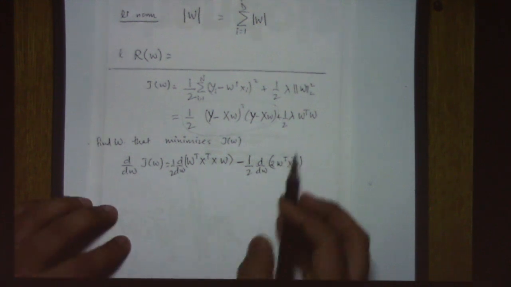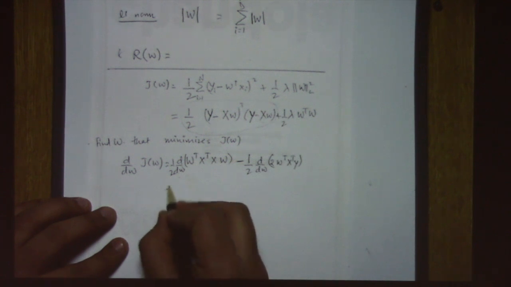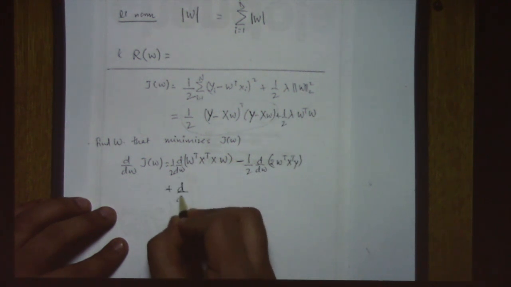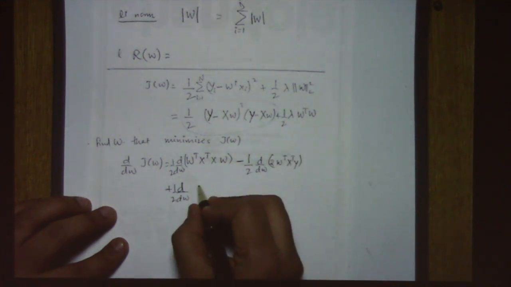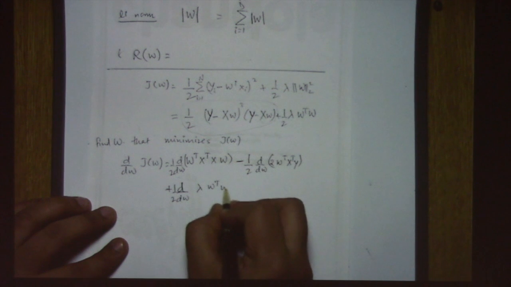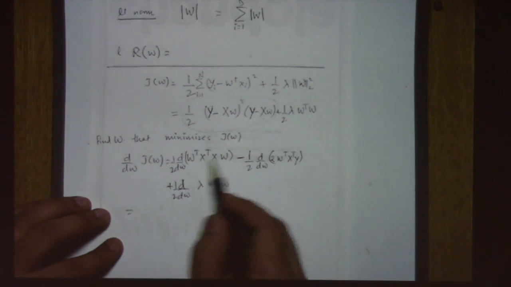But the new part comes here, which is plus d/dW of half lambda W transpose W. This, of course, we have seen from the matrix cookbook.